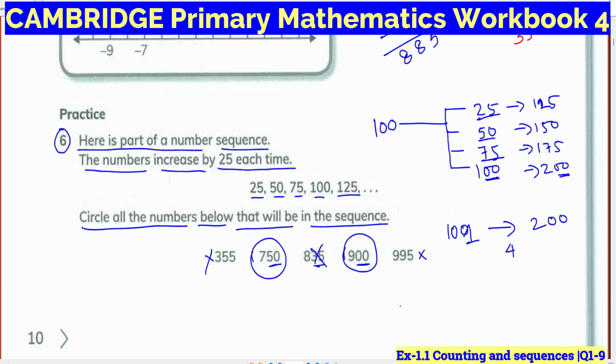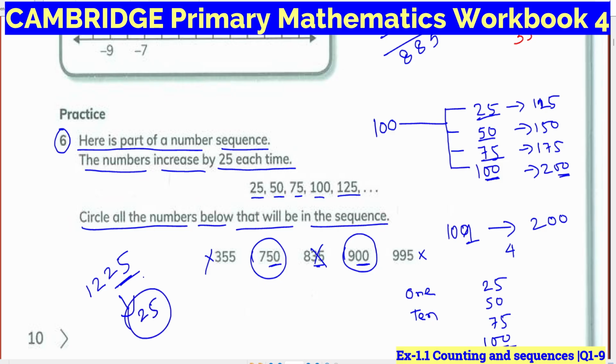So you should be careful, the ones and tens digits should be like 25, 50, 75, and 00. Suppose 1225, it means this one is divisible by 25. Okay, so number 6 has been done.